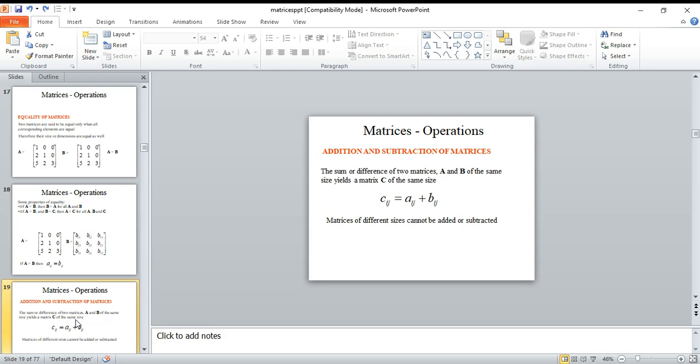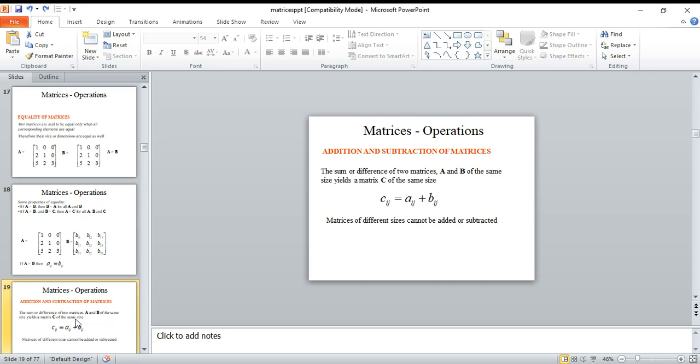Addition and subtraction of matrices. Adding the elements in the matrices is addition. Subtracting the elements in the matrices is subtraction. The sum or difference of two matrices A and B of the same size is a matrix C of the same size, where Cij equal to Aij plus Bij. Matrices of different sizes cannot be added or subtracted.